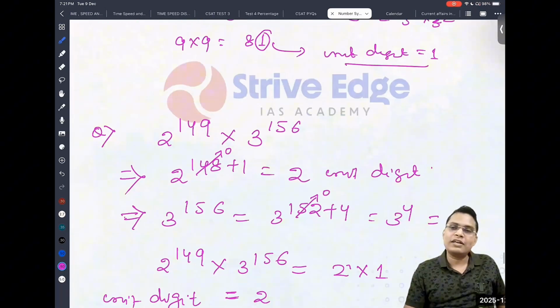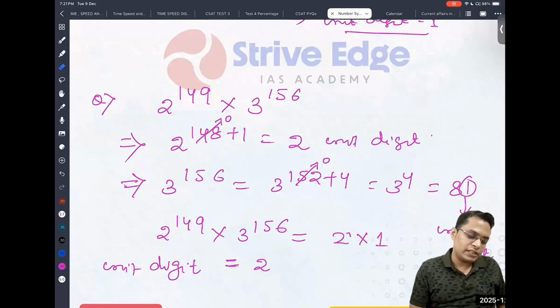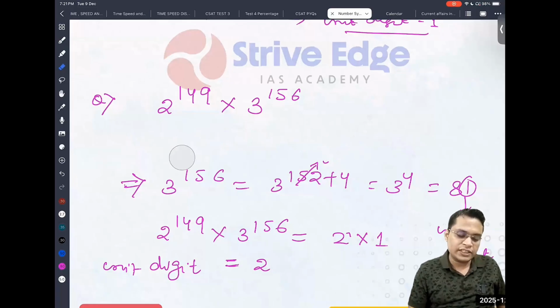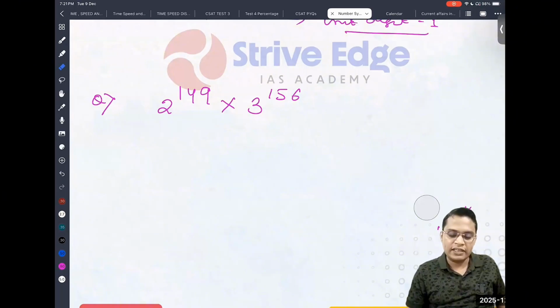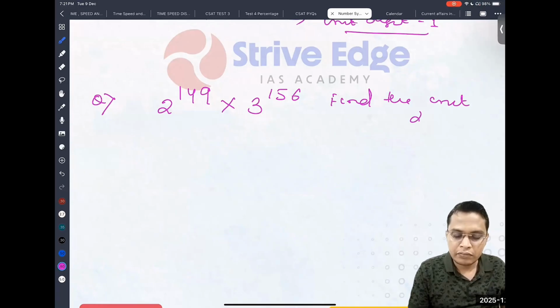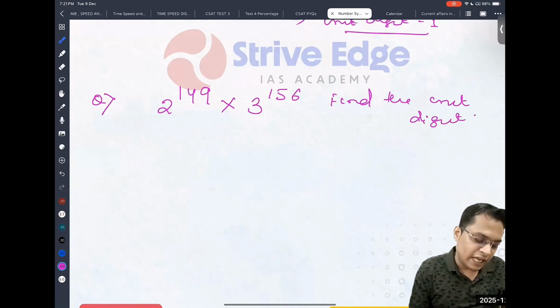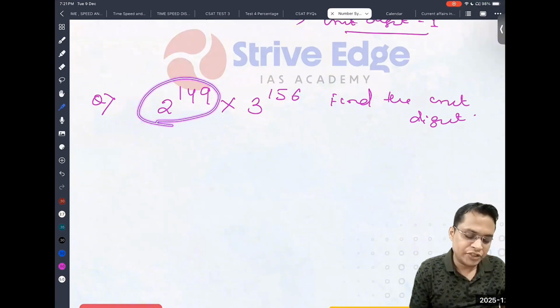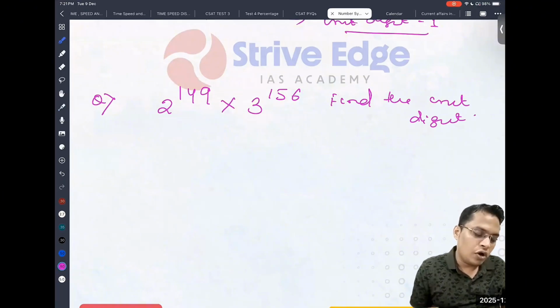So now in this question, it is asking to find the unit digit of this product. We already know that 2 has a cyclicity of 4, and 3 also has a cyclicity of 4.